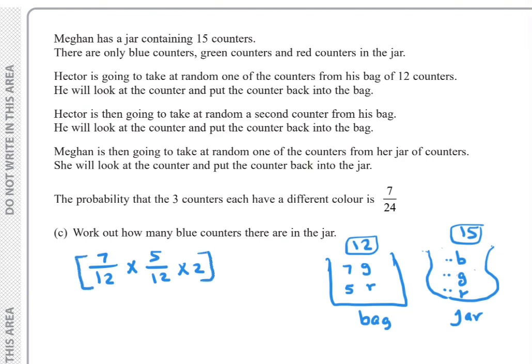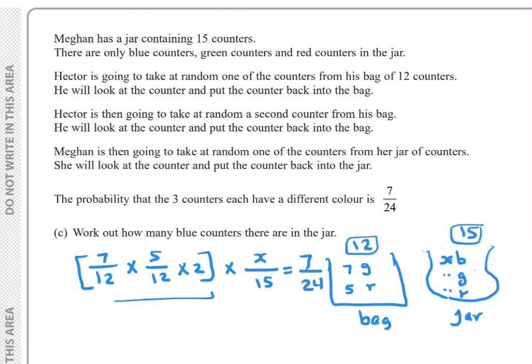So this is the probability that the first 2 counters each have a different color. Now for the third one, the probability to be blue, if we consider that we have x counters blue, so multiply by x/15 equals 7/24.